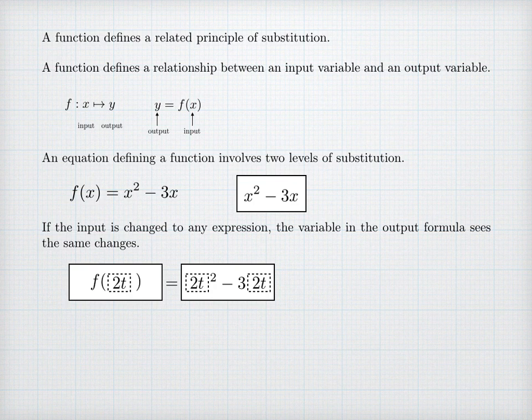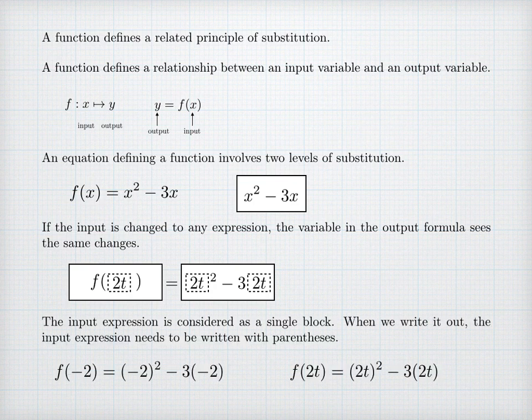If I replace x with 2t, the replacement on the back is the quantity 2t squared minus 3 times the quantity 2t. We need to emphasize that the input expression, whatever appears between the parentheses after the function name, has to be considered as a single block. So when we write it out on paper, we need to be sure that the input formula is put in parentheses.